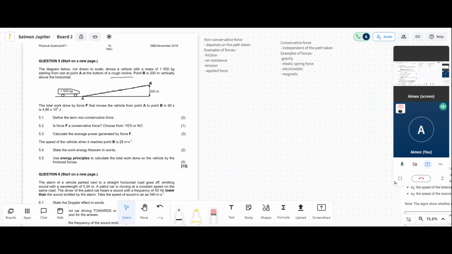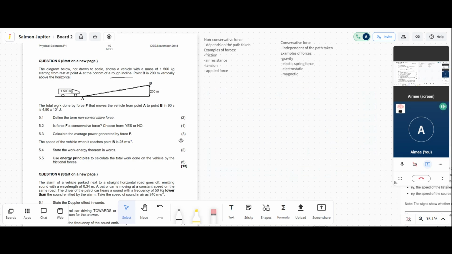The work energy theorem states that the net or total work done on an object is equal to the change in the object's kinetic energy. Okay, the net or total work done on an object is equal to the change in the object's kinetic energy. Like I said, these you have to be studying off by heart, okay?